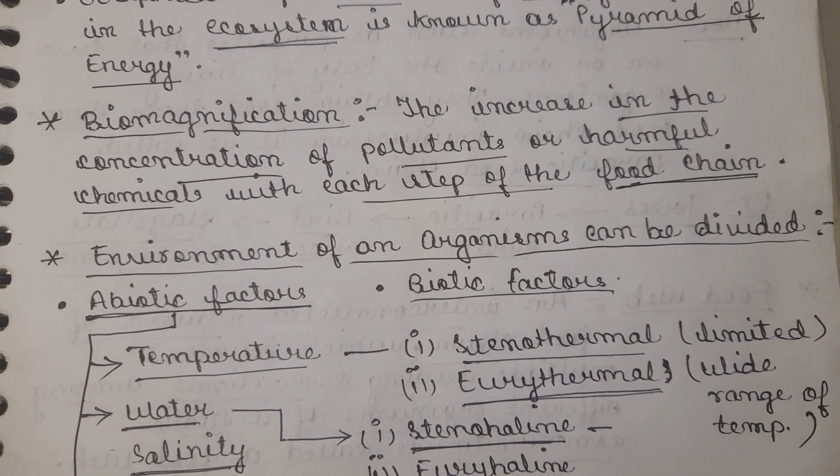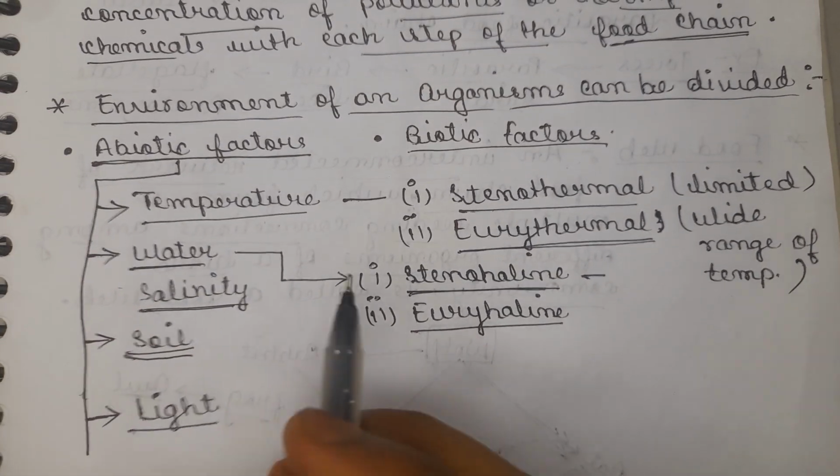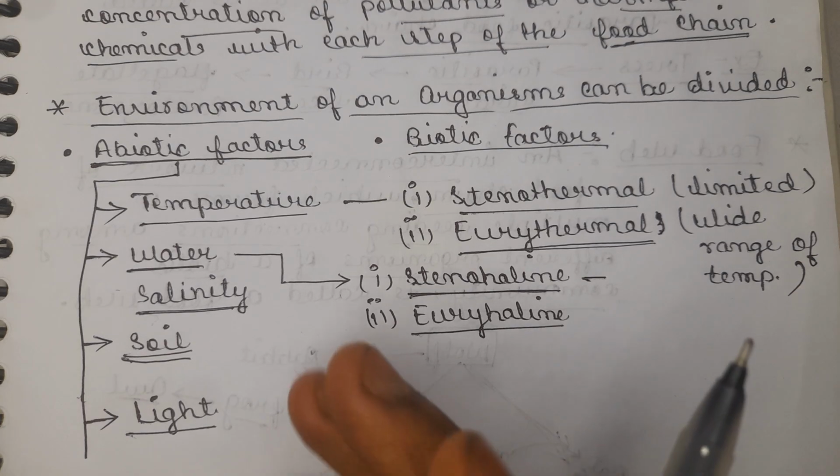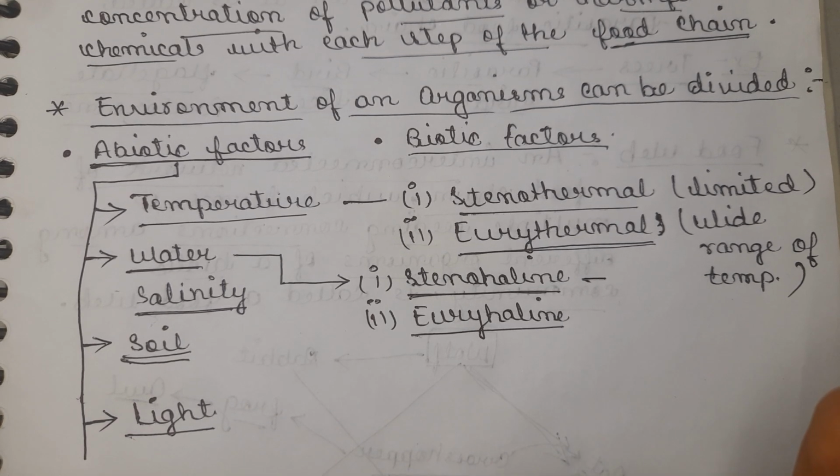Now the third factor is soil. Here the nature and composition of soil differs from place to place. We all know that different regions have different types of soils depending upon the climate, and also the weathering process, which is the breaking down of hard rocks.